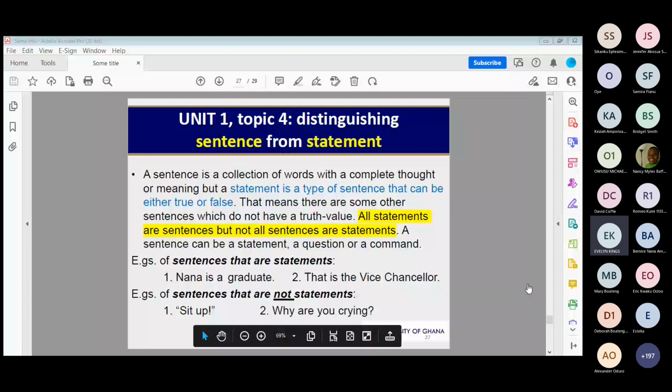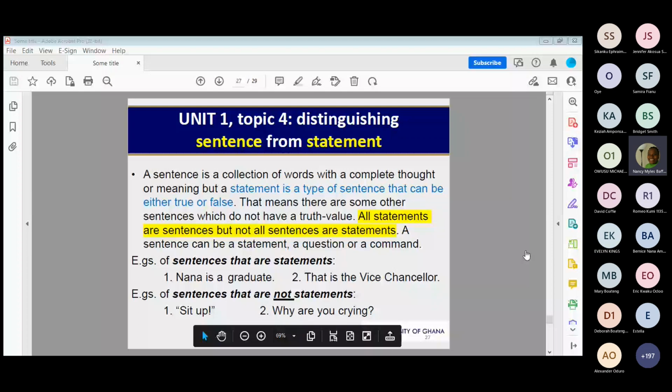Madam, go ahead. Please, since sentence fragments are incomplete sentences, can we regard them as truth bearers?